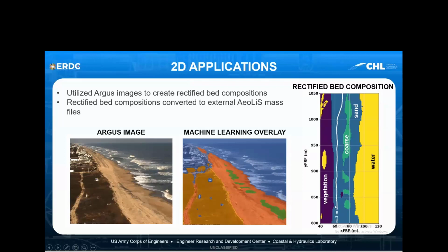This is what we considered to be our dune toe, so when we're calculating volume fluxes, we're calculating them across the 3-meter dune toe. These rectified bed compositions were then converted into external Aeolus mass files to create this overall bed composition variation in the grain size for Aeolus.